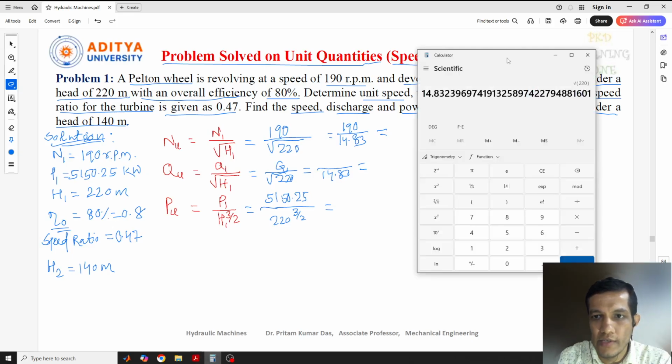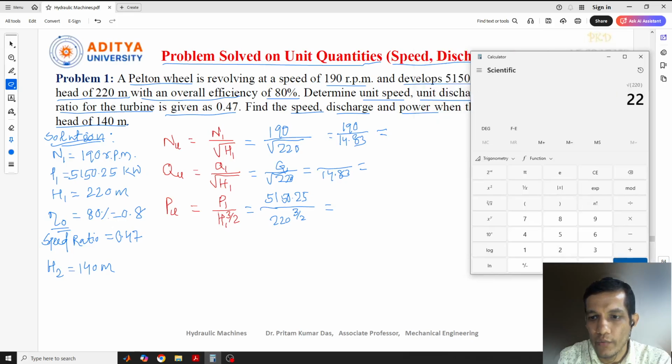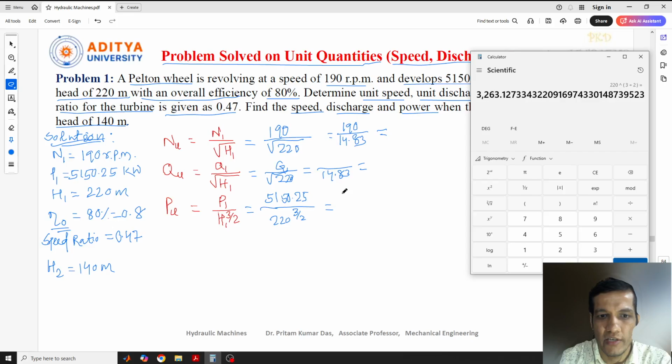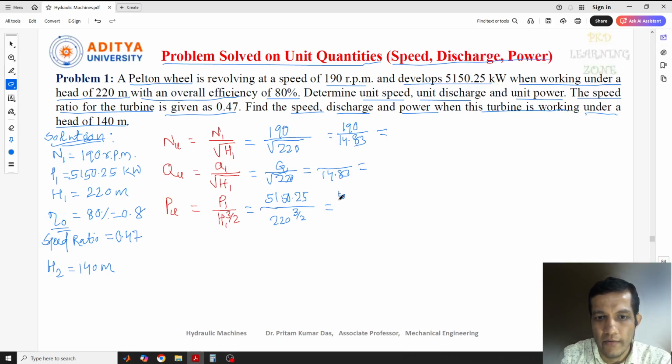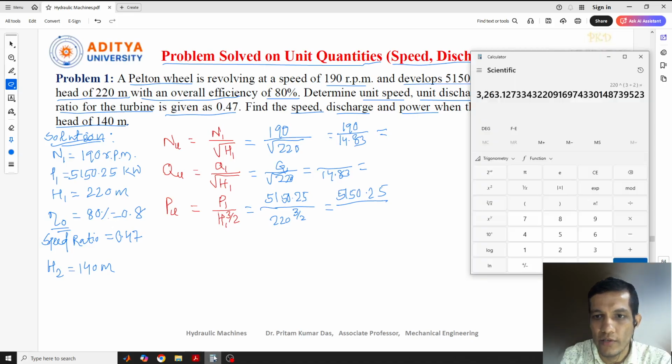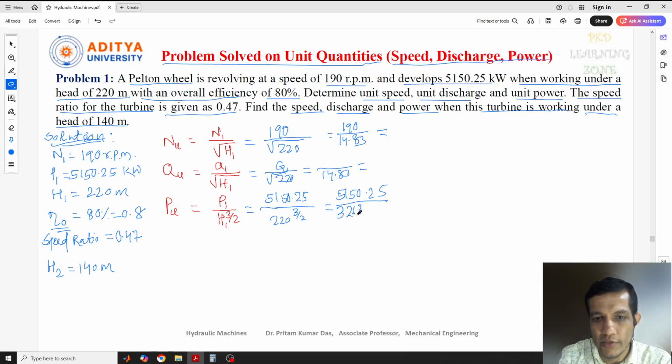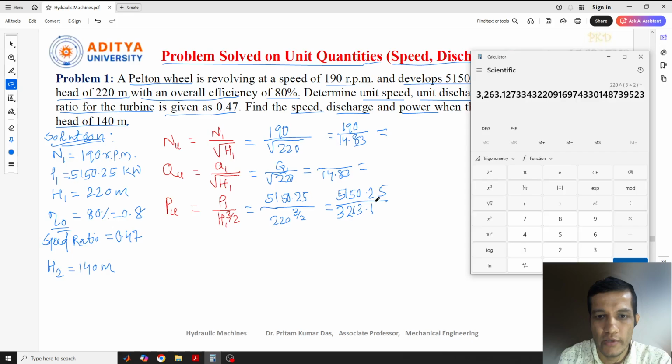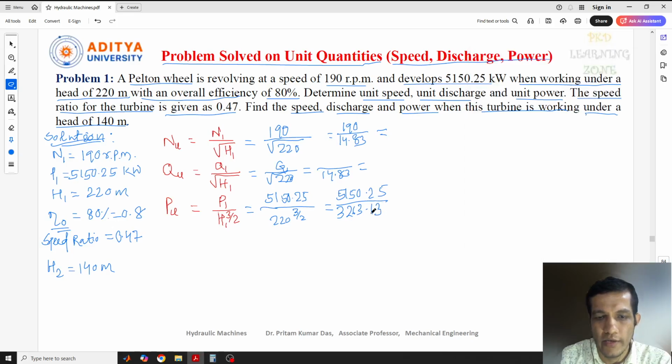And one more term: 220 to the power 3 by 2 is 3263. So for unit power we write 5150.25 divided by 3263.